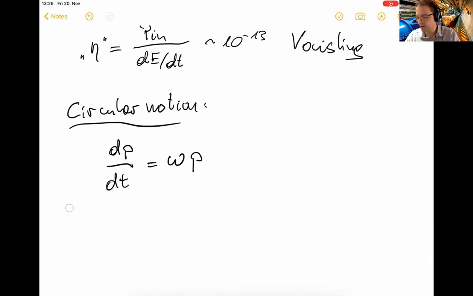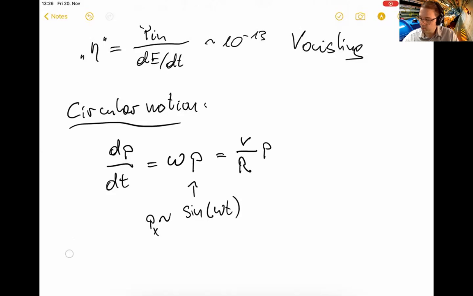You only need to insert, for example, sine. For a circular motion, you will have, for example, px proportional to sine omega t, and then you get this factor omega in front. Omega is the velocity of the particle divided by the radius of your accelerator.